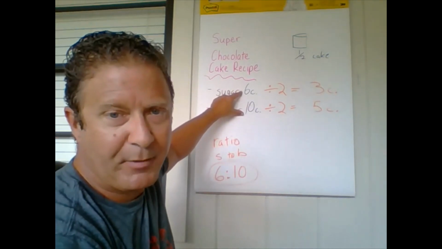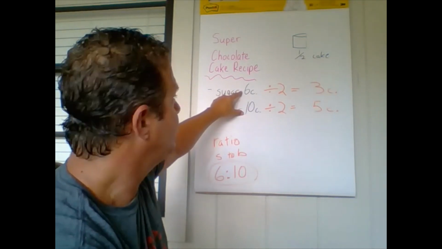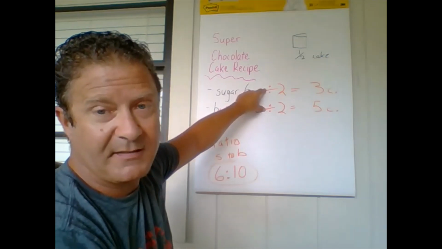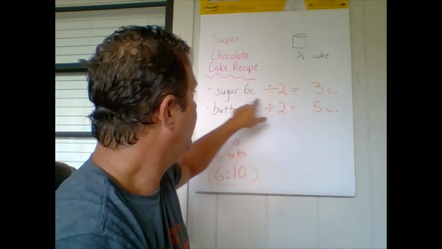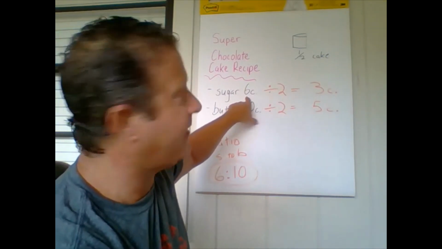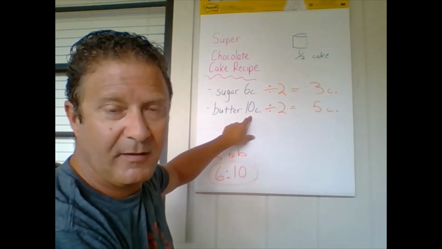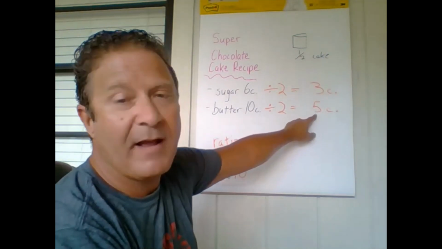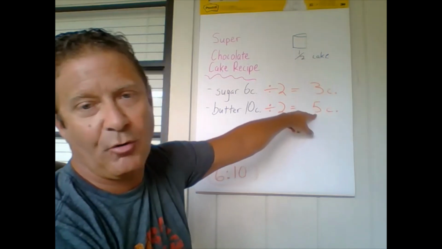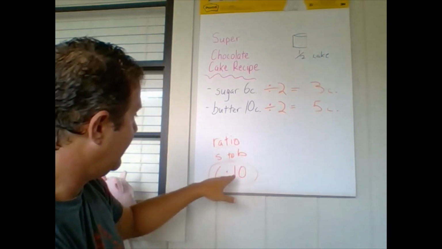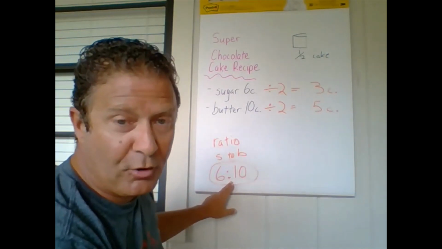So I took both parts of the ratio and divided them both by 2 because I'm making half. Now instead of 6 cups of sugar for half a cake, I only need 3 cups. And instead of 10 cups of butter, I only need 5 cups for half. Here was my ratio for the whole cake.